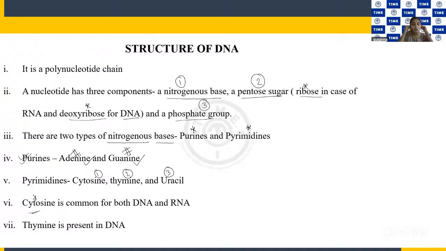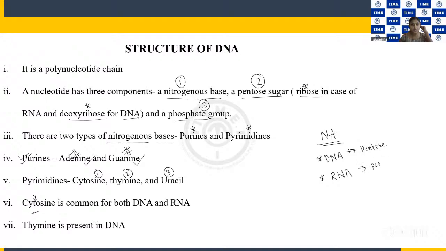Nucleic acid is a biomolecule that I think you have studied in class 11. When you take nucleic acid, you have DNA as well as RNA coming in. We'll be studying the key differences between these two. One of the differences is present in the pentose sugar.